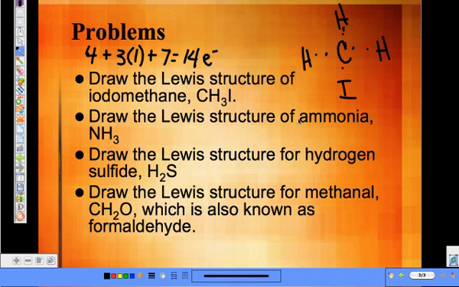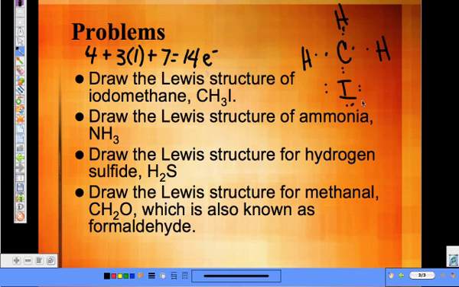And then iodine has 7, so I have 1, 2, 3, 4, 5, 6. Now this, we don't want to put a 3rd electron in between carbon and iodine. This one has a spot open, so I'm going to put one there. So now I want to count up how many dots I drew. I drew 2, 4, 6, 8, 10, 12, 14 dots, which is equal to how many I added up that I should have.